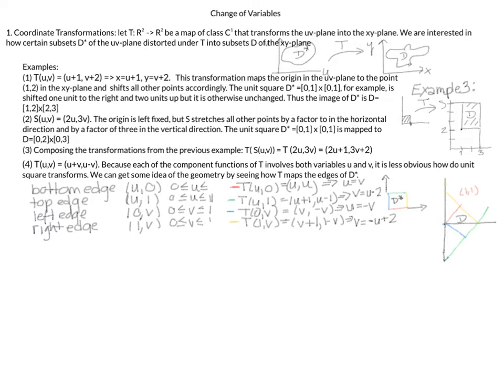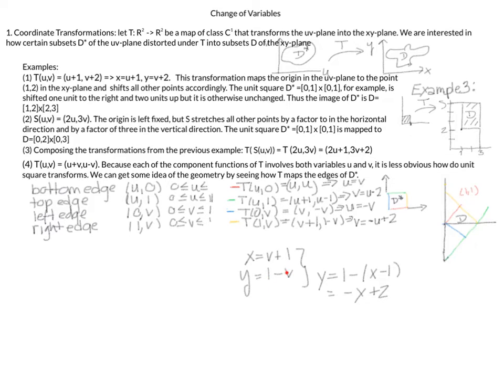So this blue edge gets mapped to this line, and then finally you can see the right edge, which is where u is equal to 1 and v is equal to v. When you plug it into the transformation, you get v plus 1, 1 minus v. So looking at this, our x is equal to v plus 1, our y is equal to 1 minus v.